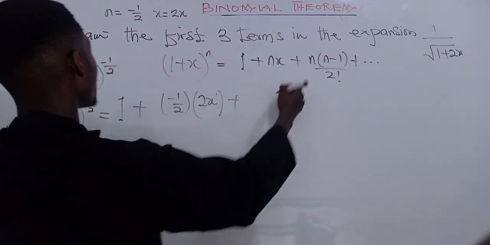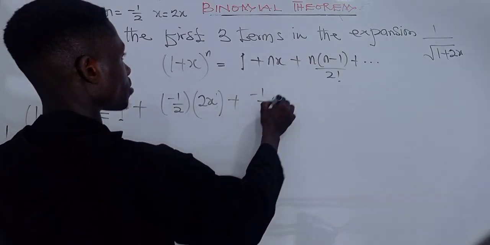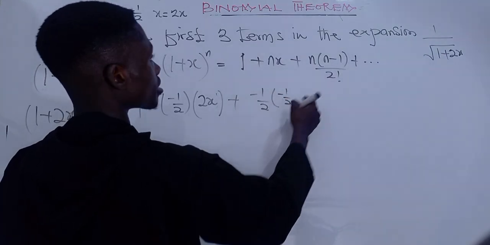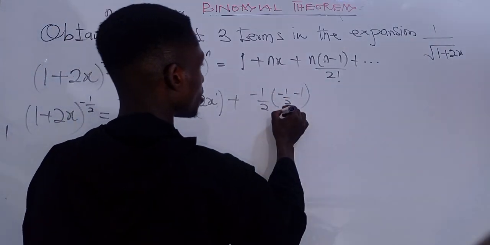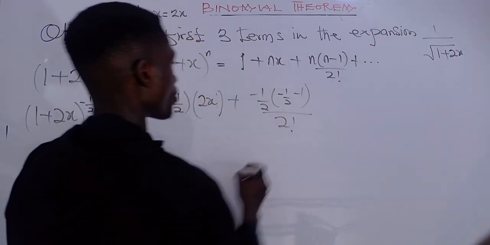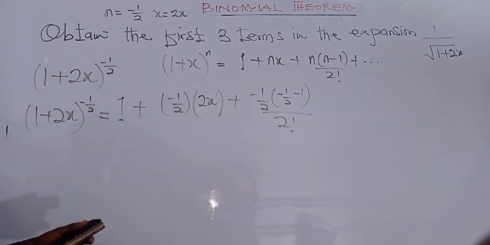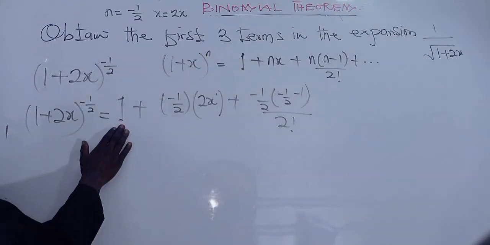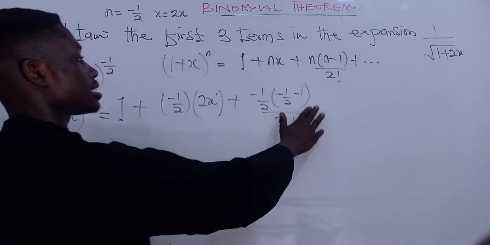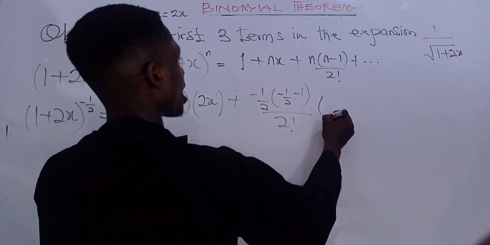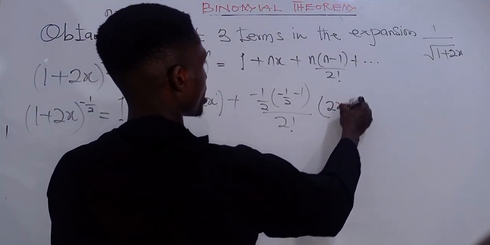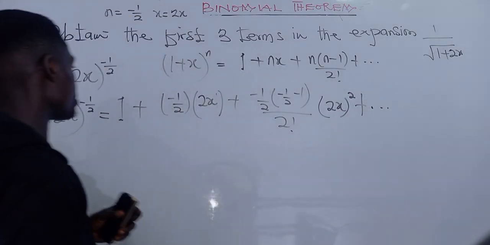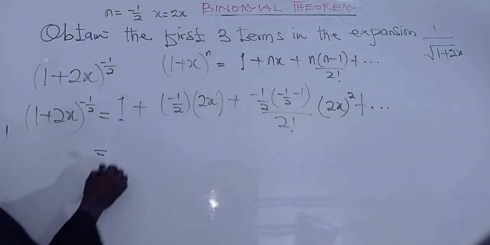Then we have plus our n, which is minus 1 over 2, and then we have minus half minus 1 all over 2 factorial. We have to obtain the first three terms in the expansion, so we have the first term, the second term, the third term. Our x is 2x raised to the power 2. So we have 1.